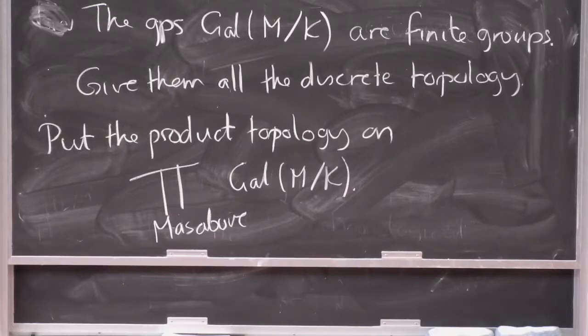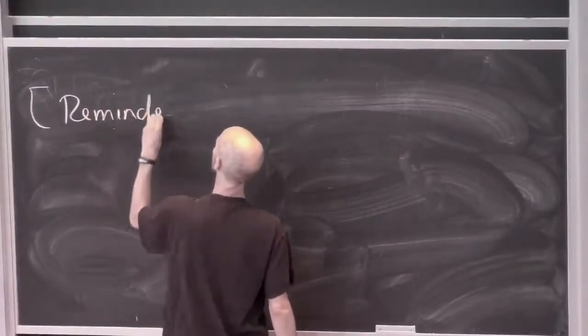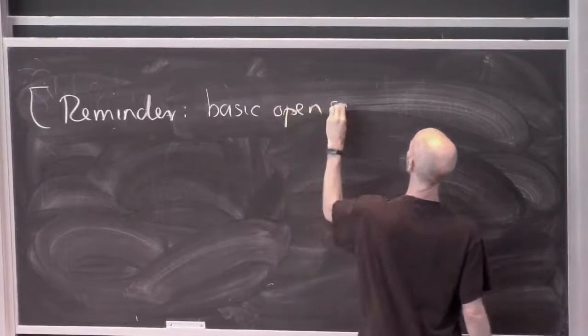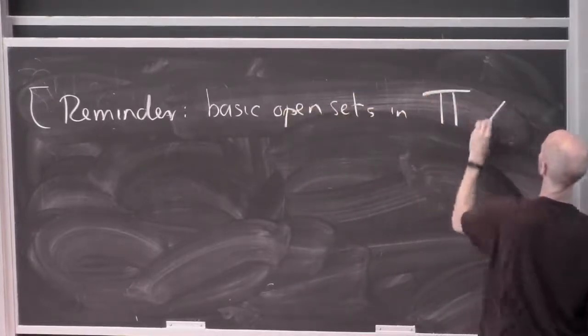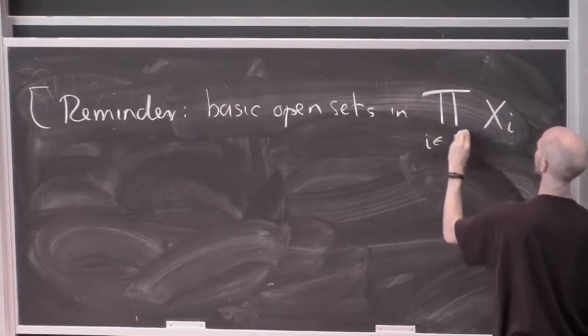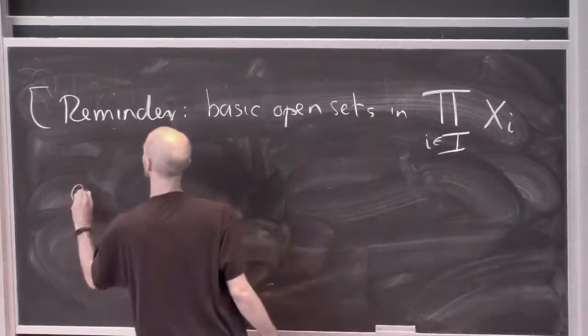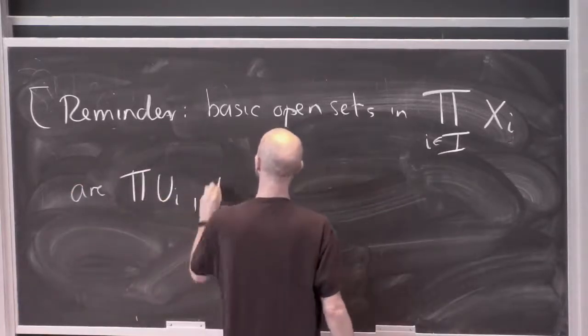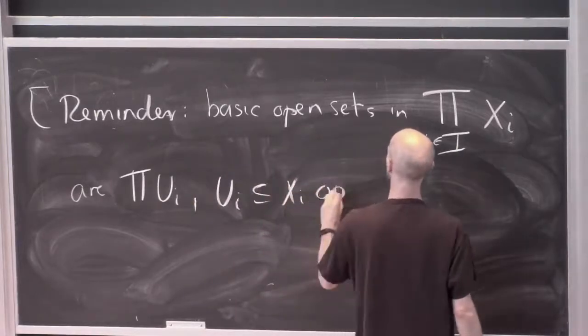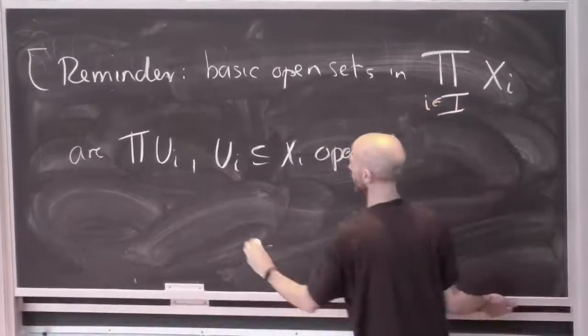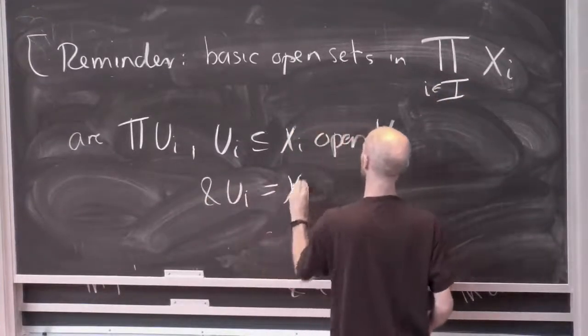So just a reminder, the basic open sets in the product of X_i, where I is an indexing set and the X_i are topological spaces, are of the form the product of U_i, with U_i open in X_i for all i. There's the naive guess that's not correct. And here's the truth: and U_i equals X_i for almost all i.